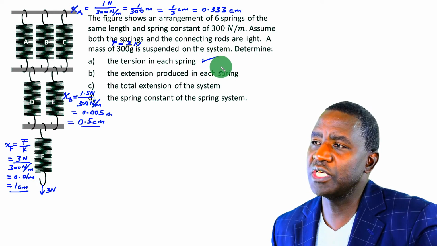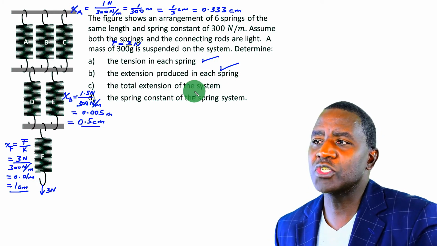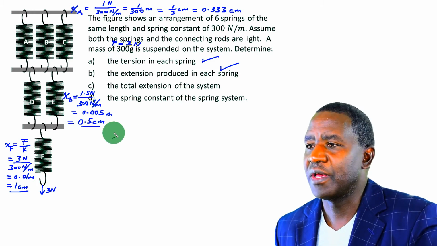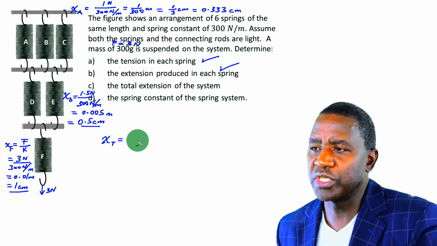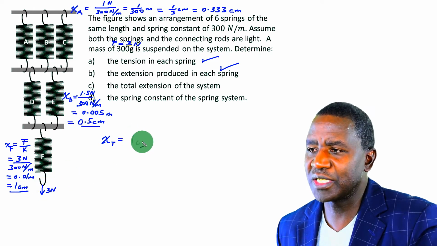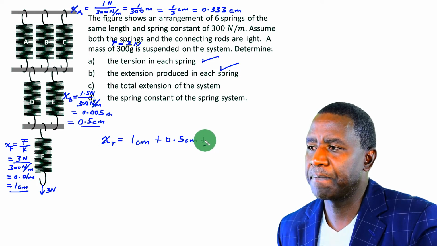The extension in each spring, I've just shown you how it's worked out. And then the total extension of the system. The total extension, X total, is equal to this extension here, which is 1 centimeter. This extension here, which is 0.5 centimeter.